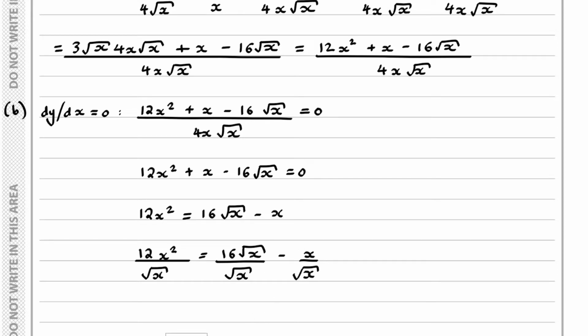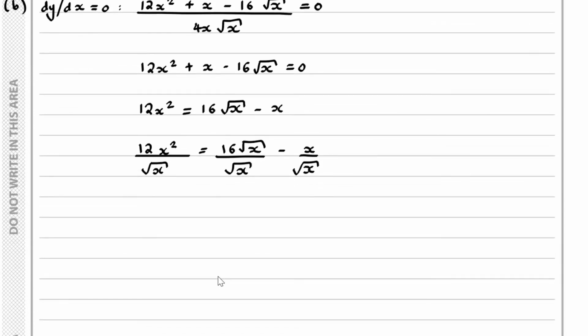So if we tidy this up a little more, we first of all notice this root x cancels with this root x, so we have here 12x squared. On the bottom we have x to the power of 1/2. It might make our lives a bit easier if we rewrite the square root of x as x to the half, and this is equal to 16 minus x over x to the power of 1/2.